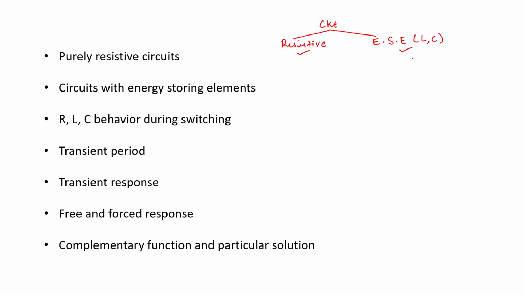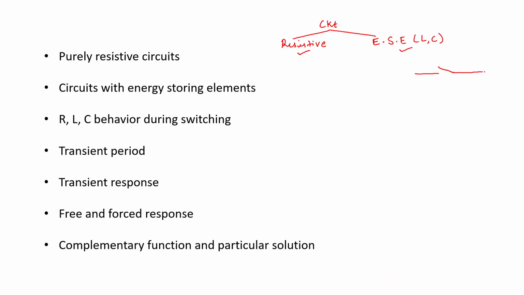That is, the voltage or the current across the inductor or the capacitor will take some time to reach its steady state value. So because of the time taken by these energy storing elements to reach its steady state value, the transients occur.